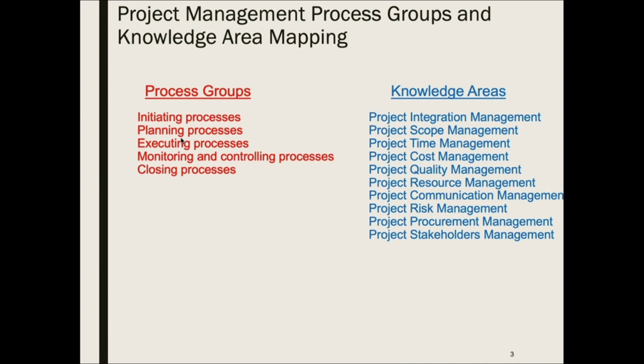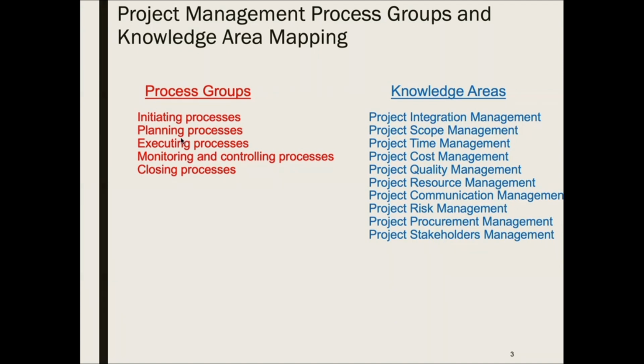And we had these 10 knowledge areas: integration management, scope management, time management, cost management, quality management, resource management, or human resource. It used to be human resource. In the new edition, they changed it to resources only. Communication management, risk management, procurement management, and stakeholders management.